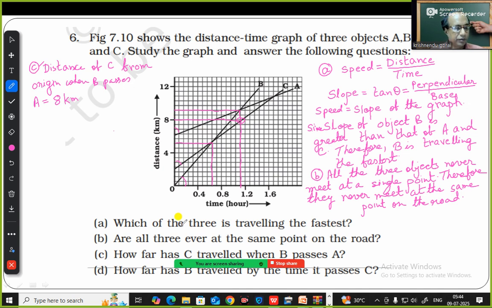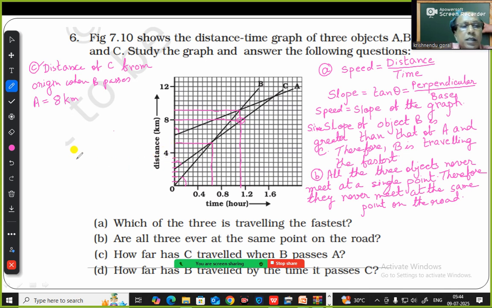Now see this value on the distance axis. How many divisions are there? 1, 2, 3, 4, 5, 6, 7.